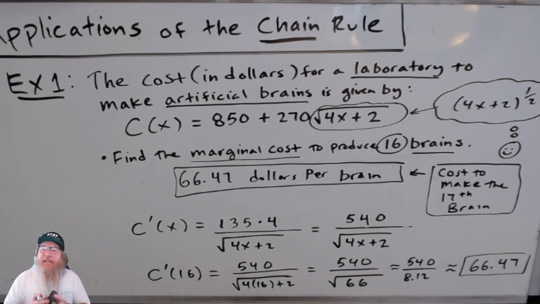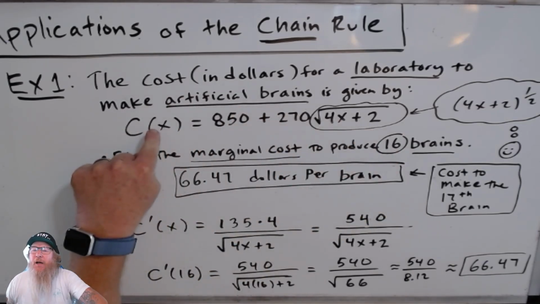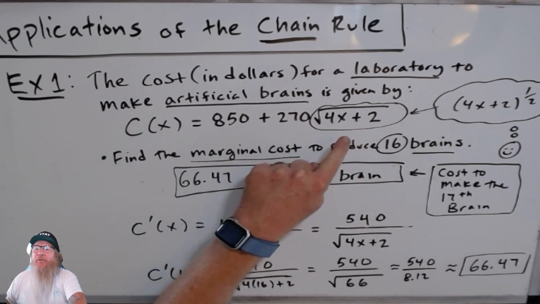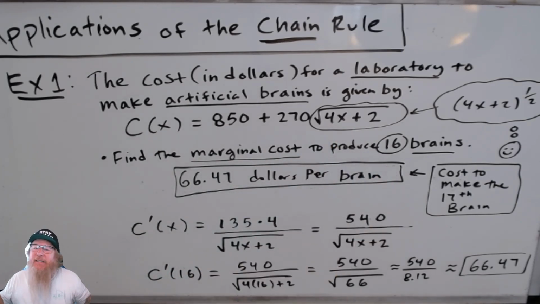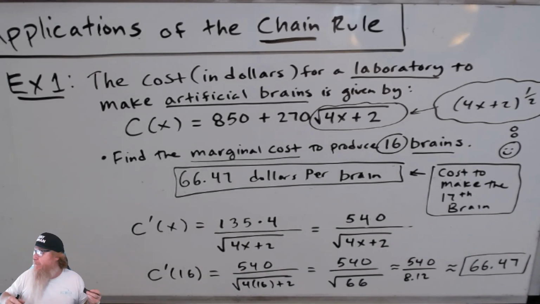I'm not asking it today, but if you're curious, what you would do is you wouldn't take a derivative, right? So for average, you would just plug in 16 into the original function and then divide by 16 after you've figured out the cost of the brains, and that will give you the average. Okay, so this is a margin. It's just the cost to produce the next brain.